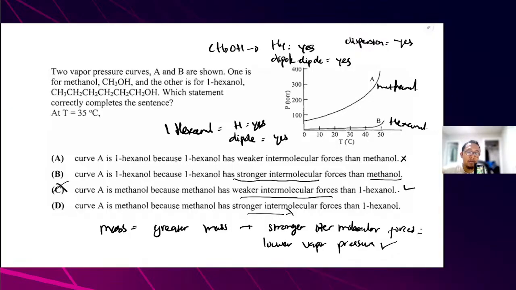So the vapor pressure will be too low, because it is quite difficult to escape into the vapor. So if we have bigger molecules, it will be harder for one molecule to escape into the vapor, which means it lowers the vapor pressure.